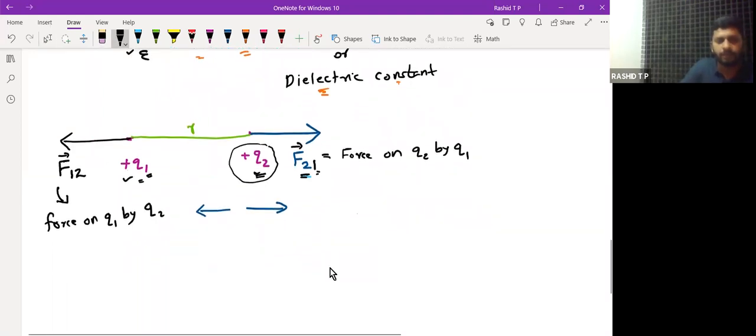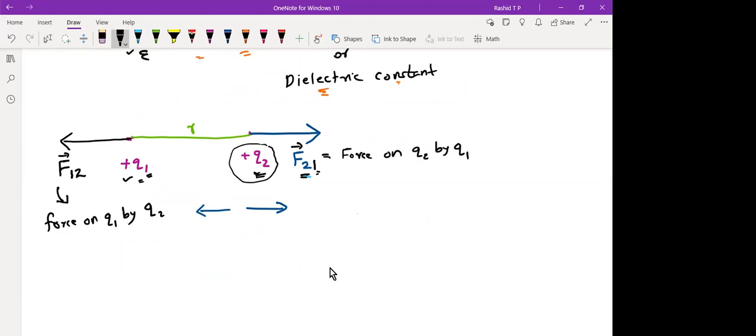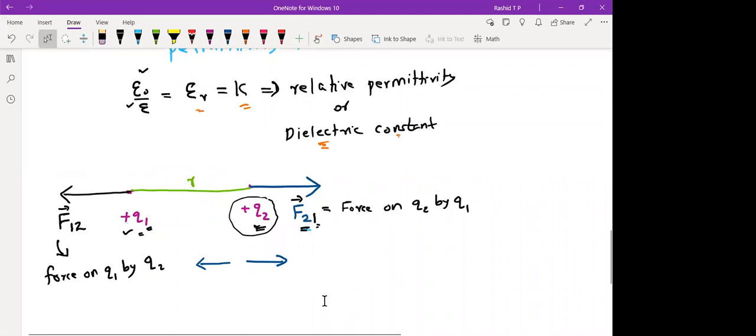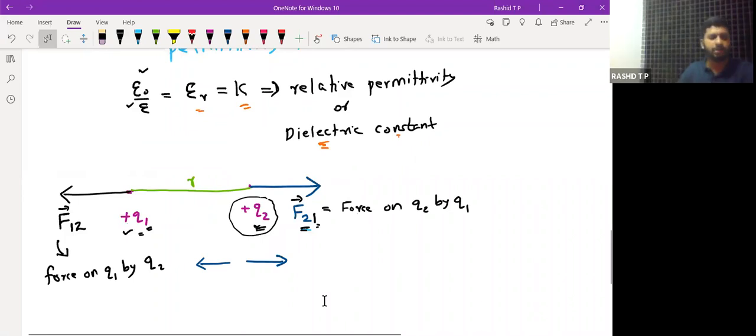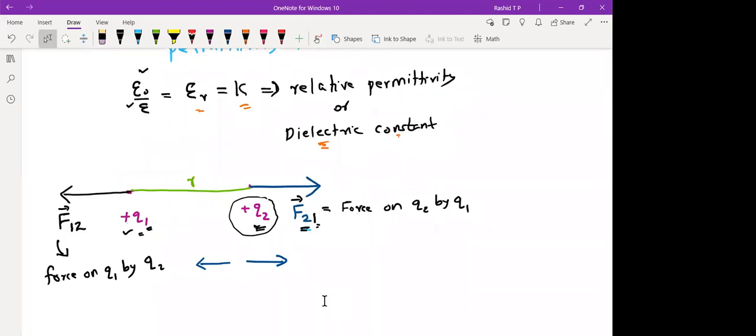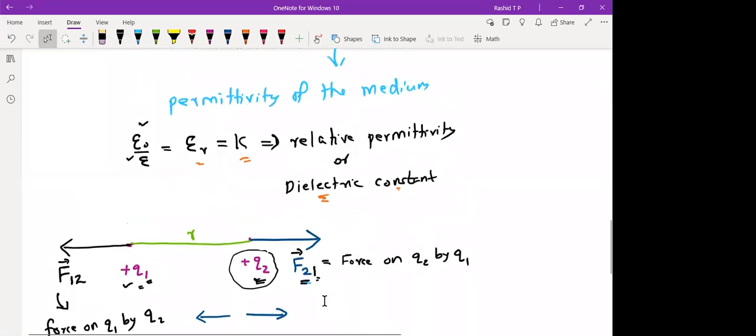Now, hello? Sir? Yes. Sir, a small doubt. Sir, Yeah. is it epsilon by epsilon naught or epsilon naught by epsilon? Which means you are talking about the dielectric constant. Yes, sir. Yes, yes. The epsilon, the permittivity of the medium will be epsilon naught into epsilon r, right? Then it will be reciprocal.